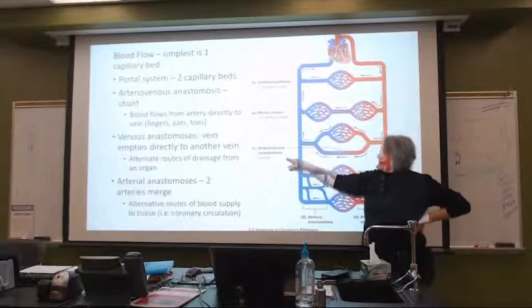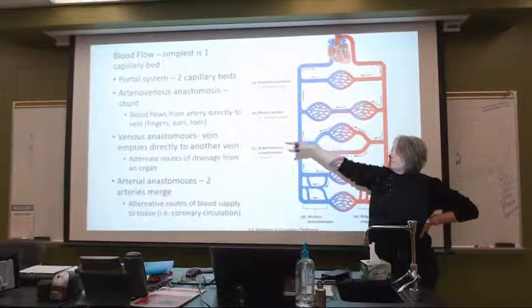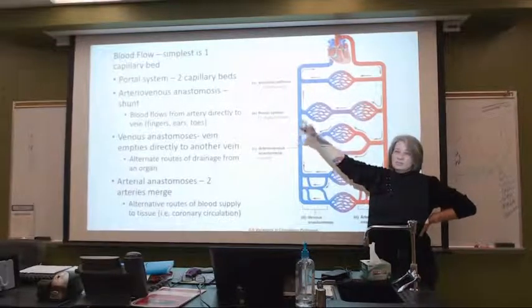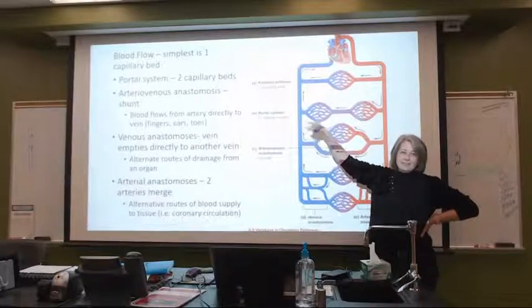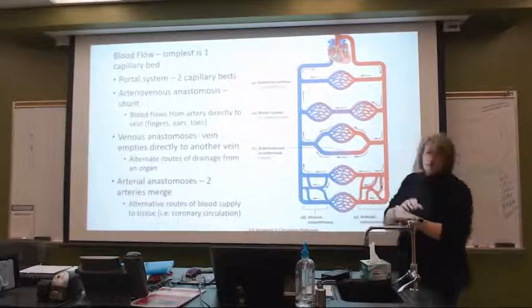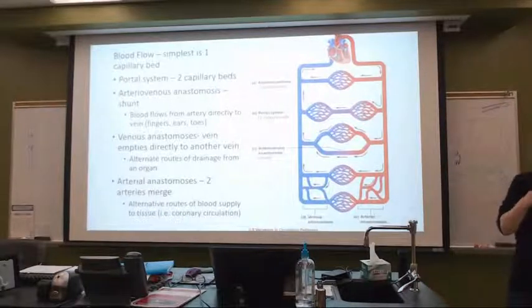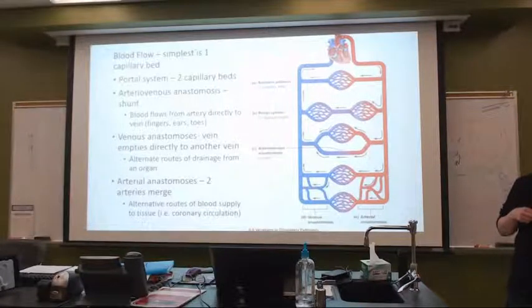When we have this blood flow, arteriovenous anastomosis. Anastomose means you put something together, like you build something together. We kind of hear this maybe referred to as a shunt, okay?